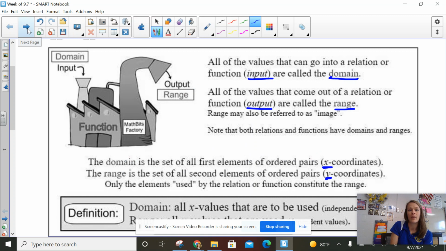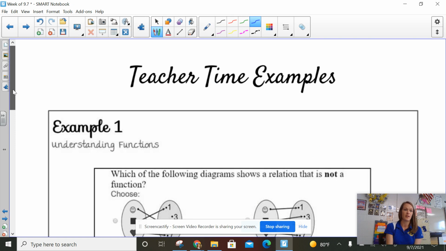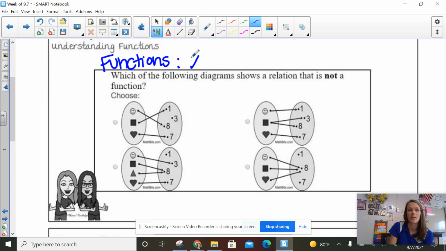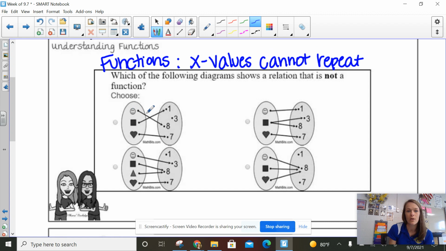Okay. And then talking about whether something is a function or not. In order for something to be a function, there is only one output for every input. To be a function, in different terms, not necessarily mathematical terms, your x values cannot repeat. That's really all you care about. So when you're looking through these, like this one, the smiley face goes to one thing, the square goes to one thing, the heart goes to one thing.